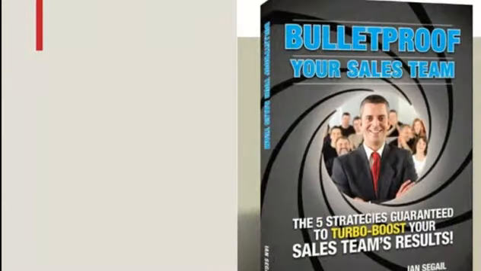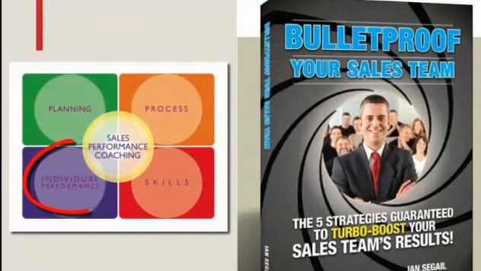A few years ago, when I wrote the book Bulletproof Your Sales Team, after a tremendous amount of research, we came to the conclusion that strategy number 5, which was the final strategy that sales managers should use to drive sales forward, was all around how do we drive the motivation of the individual salesperson on the team.